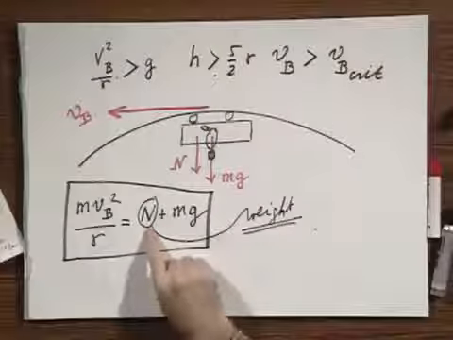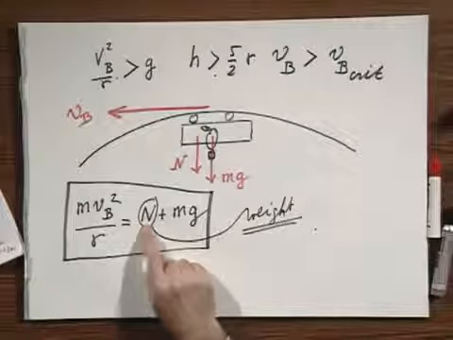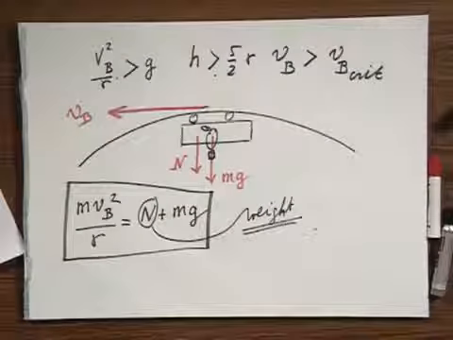The bathroom scale would indicate N and nothing else. And in the case that I mentioned earlier, that v squared divided by r is exactly g, that bathroom scale would indicate 0. So if you read the bathroom scale, you would really read this number. And I therefore call that your weight. That's my definition of weight.